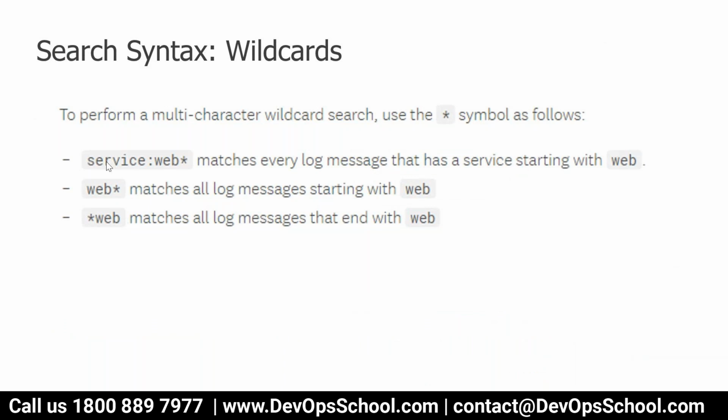Give me the logs where the log belongs to the tag called service, and the name of the service is anything with web and anything. Here web star means it matches all the log messages starting with web. And here star web means starting with anything but ending with that keyword web. So these are the regular expressions you can use in the searches and be good to go.